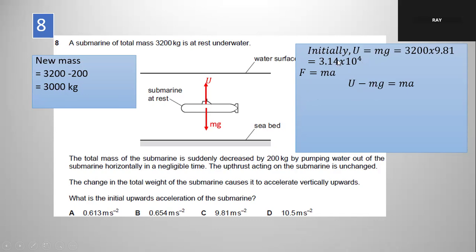This is the upthrust. So upthrust minus the new weight, taking all to the power of 4. This one also the same, right? 3,000, 10 to the power of 4 is 0.3, and 9.81. So A is 0.67, 0.657. So answer is B.